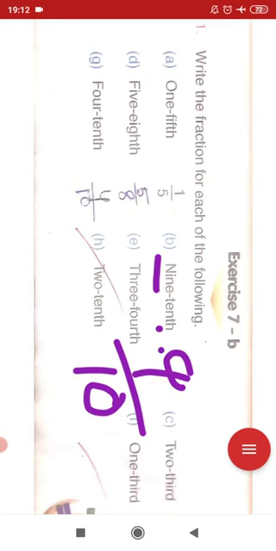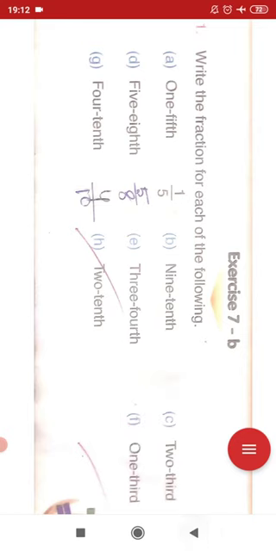So remember, while representing any fractional number in words form, we need to add th at the end of the denominator. In most cases, that is applicable. So when you are writing the name of a fraction, you need to add these two letters, th, at the end of the denominator. So tenth. Okay, nine-tenths, that is the name.